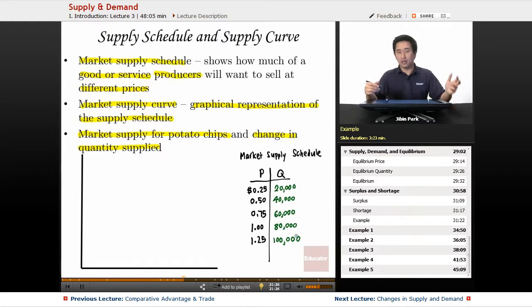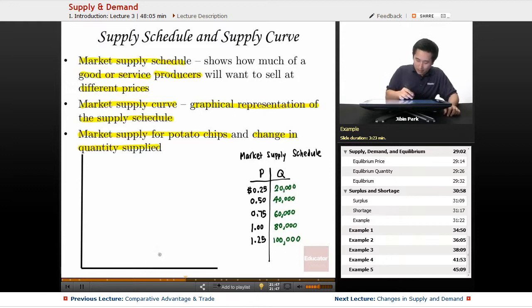So this is a market in a particular area, maybe the United States, although this would be a pretty low estimate here. The only rule of thumb here is that for the law of supply, as prices go up, quantity supplied also goes up here. So as long as you just follow that rule, you're fine with this hypothetical example here.